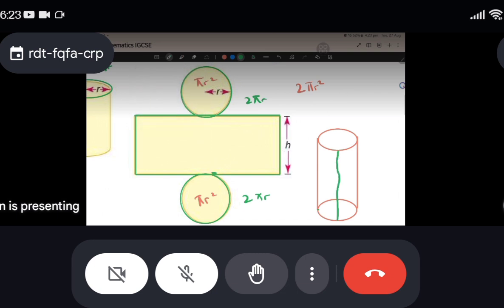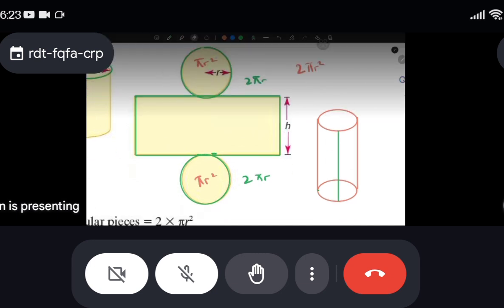From here till here, right? Now since you've cut it and then you've opened it, this length will now look like this, right? Okay? So now it's equal to 2 pi r.